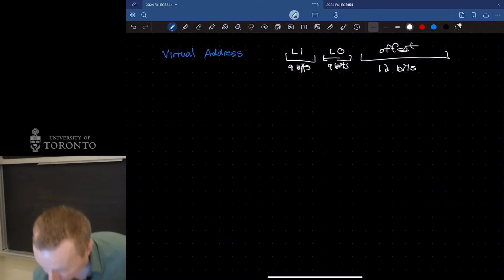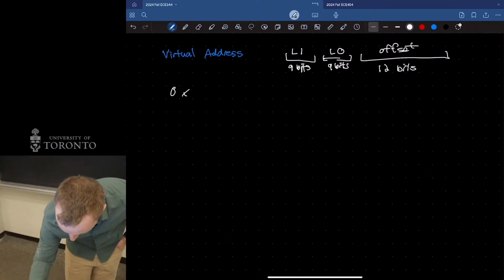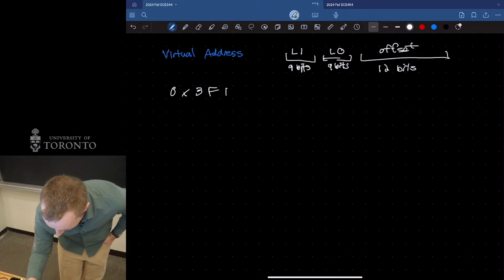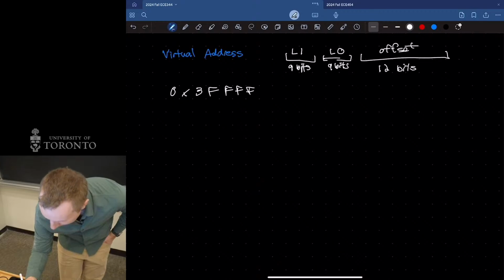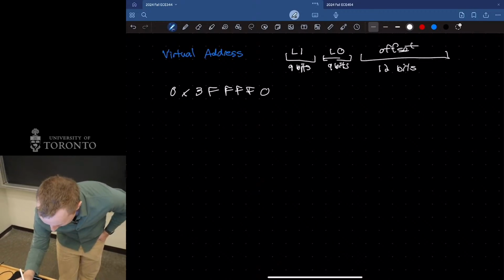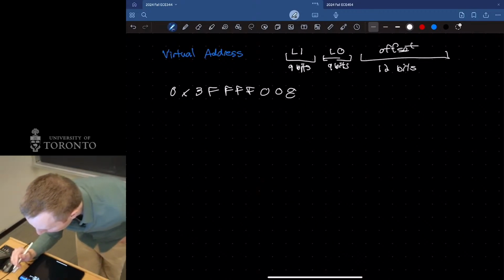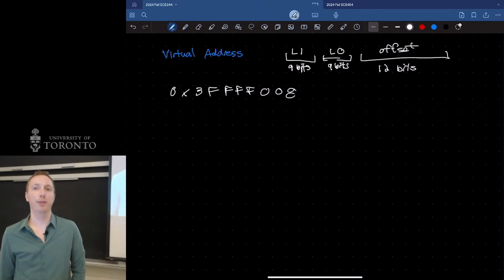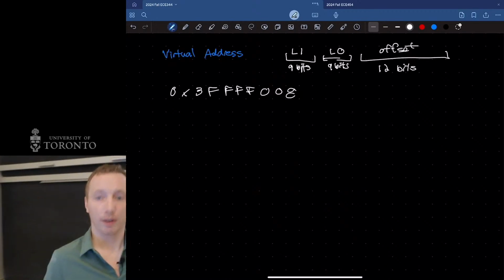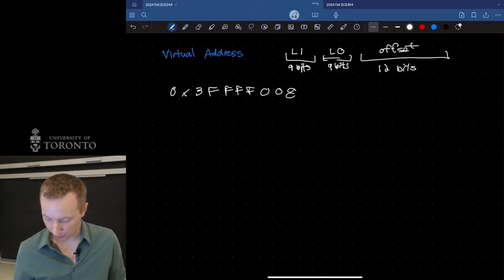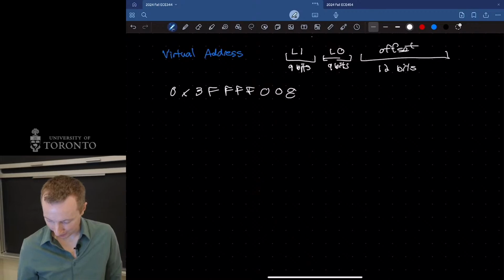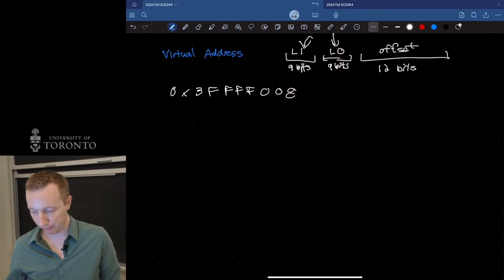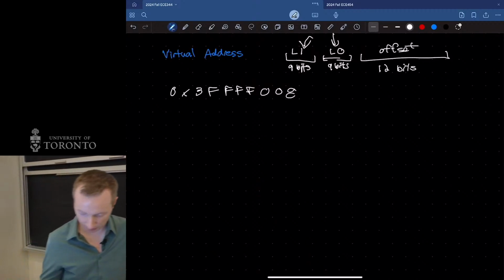So now if I have the virtual address, let's say we want to translate 3FFFF008. Say we want to translate this virtual address. Well, we have to figure out what index we use for L0 and L1, and we also need some other information, right?